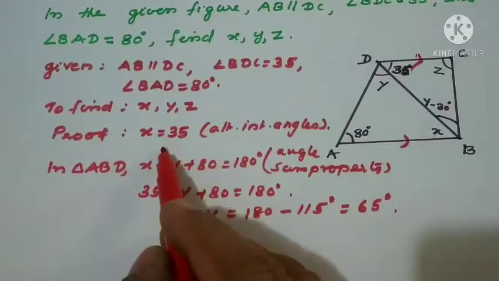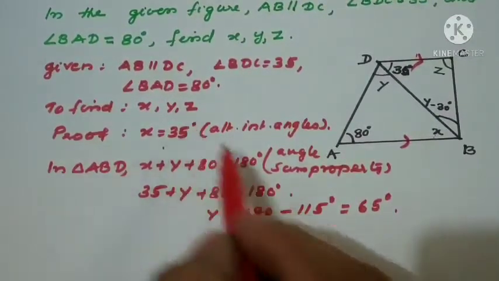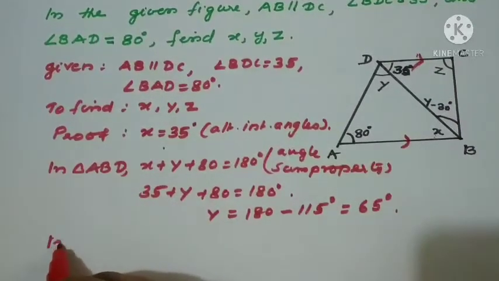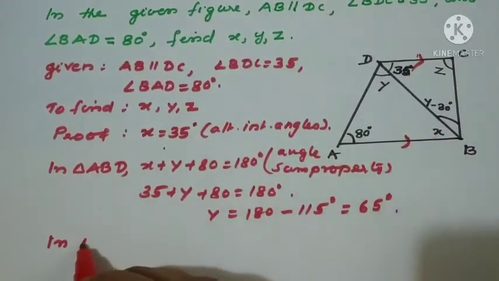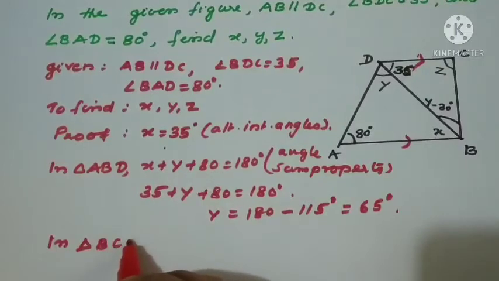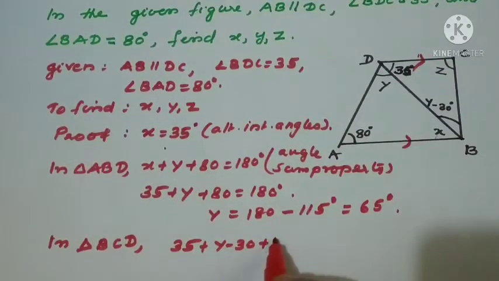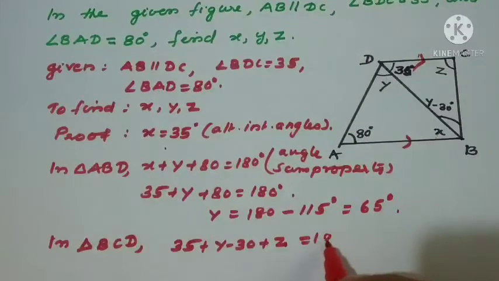So now we have X and Y also, and we can calculate Z. Which triangle should we use now? In triangle BCD, 35 plus Y minus 30 plus Z equals 180. What is Y minus 30?